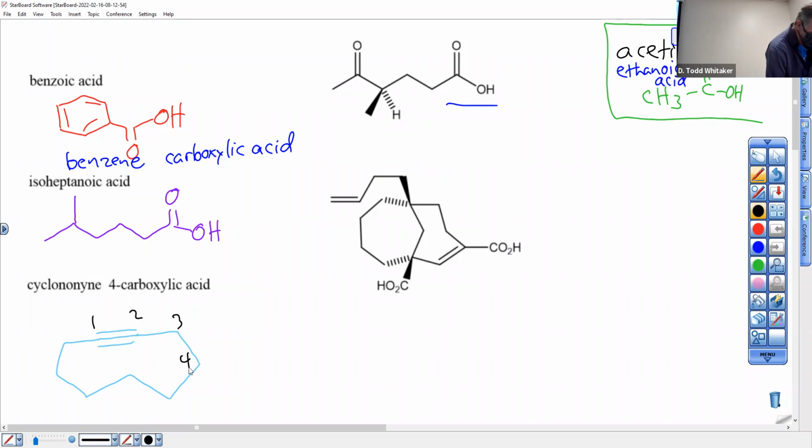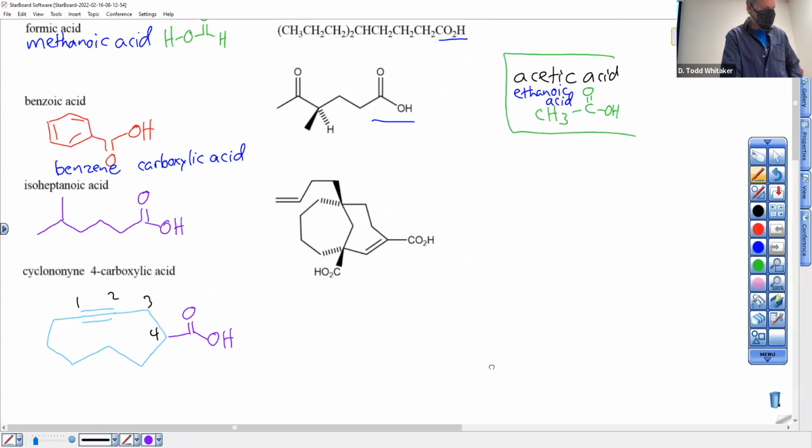On carbon 4, there's the carboxylic acid. The name says so. Not so bad, huh? No revelations in nomenclature anymore. We're just tweaking our old rules, aren't we? And we got that.